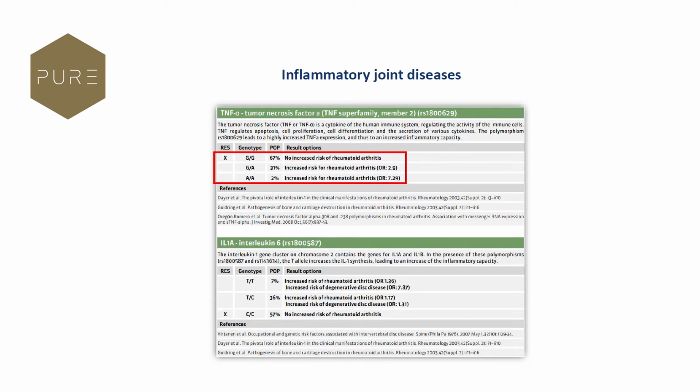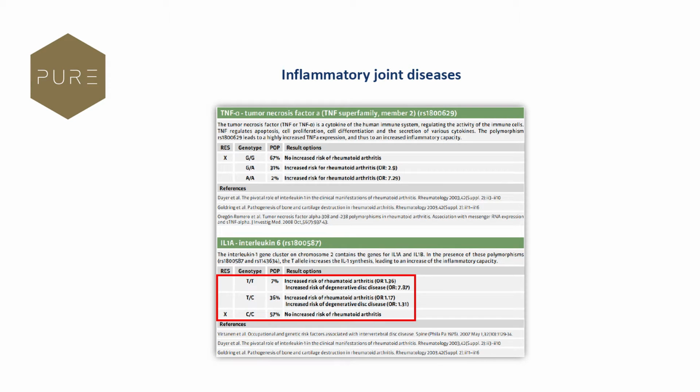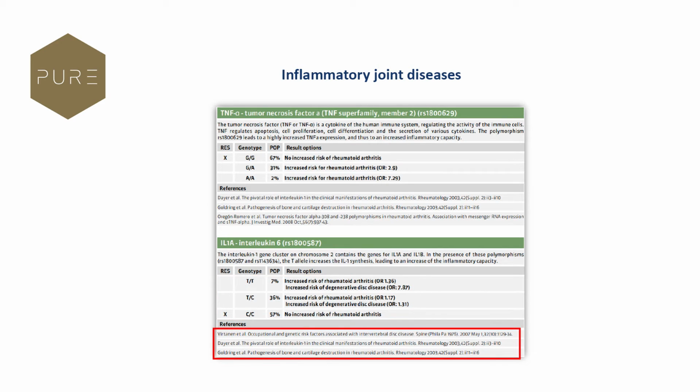But here you can see how common the genetic variations are. So 2% have the AA genotype and a 7.29% risk of developing rheumatoid arthritis, so a 7 times higher risk. And the interleukin-6 gene, the CC genotype, has no risk, and others have 1.36 risk, but also a 7-fold risk of degenerative disc disease. And this is the science behind it.